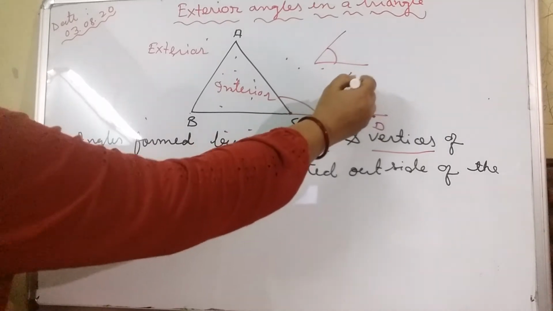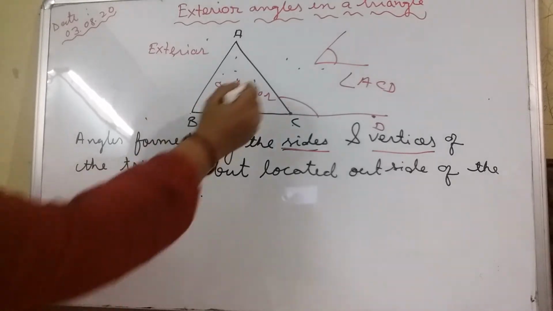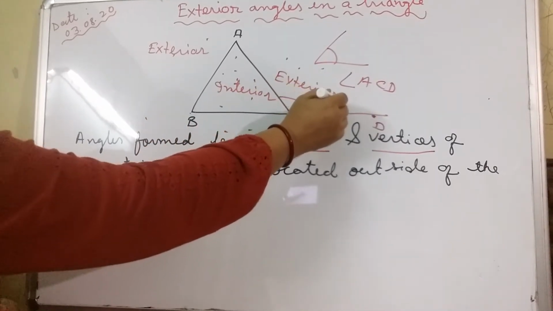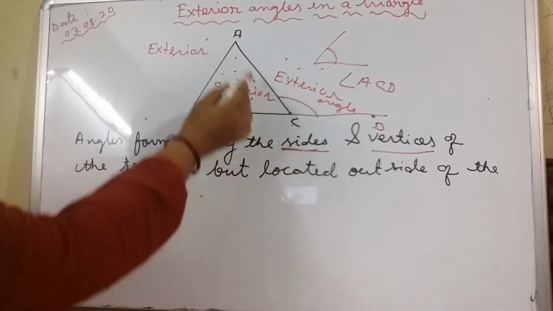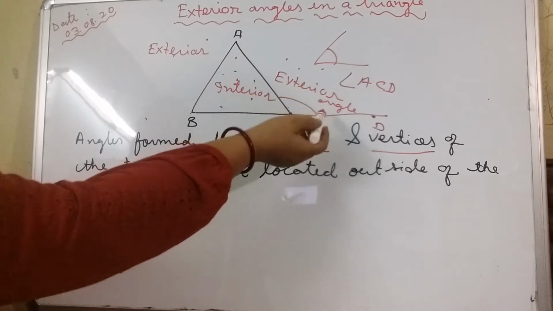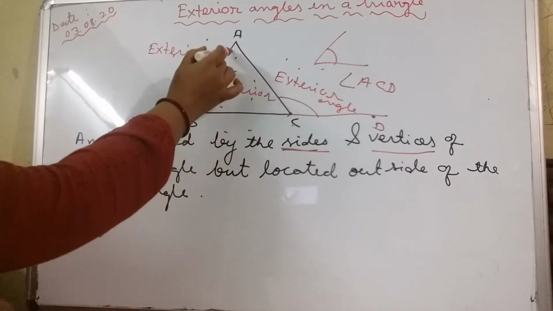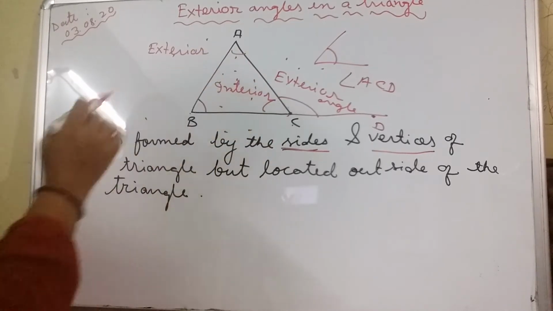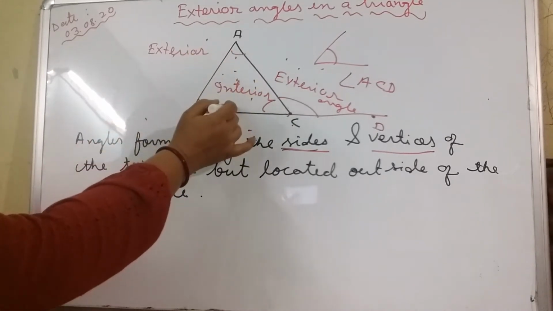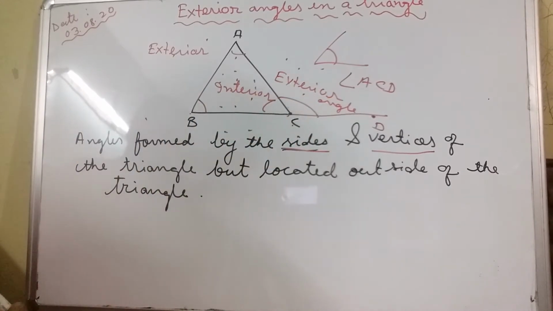This angle ACD is an exterior angle as it includes side and its vertices, and which is outside of the triangle, it is not inside. These three angles are interior angles, okay, because these are inside this triangle, and this is outside of this triangle, this is exterior angle.